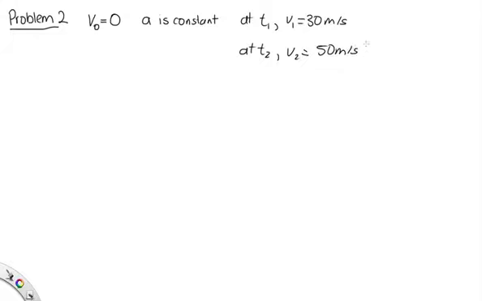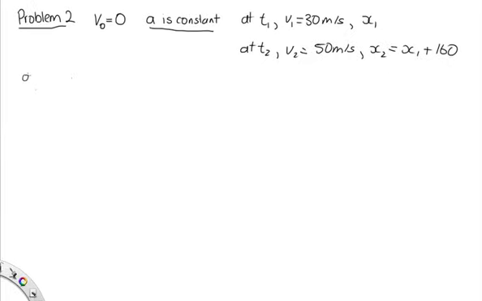And the relationship between these is that at t1 it was at some position, x1. And then at time 2 it's at position 2, which is 160 meters further on. So it's x1 plus 160.